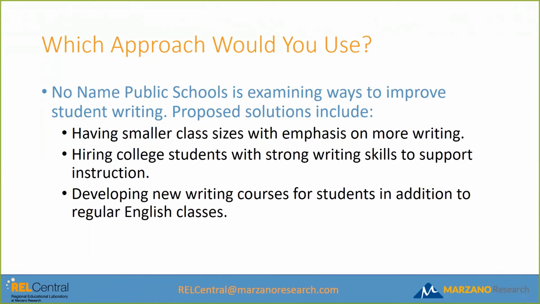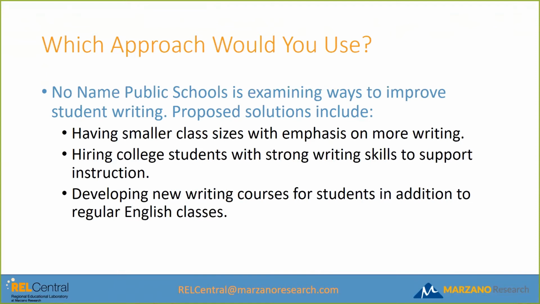And the final option or strategy is to develop new writing courses for students that they would take in addition to their regular English classes. So we have these 3 choices. Presumably each one is going to have costs, and presumably we could somehow measure what the outcomes are from each of these approaches.